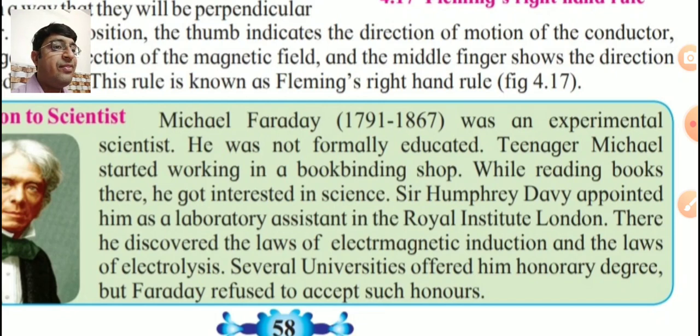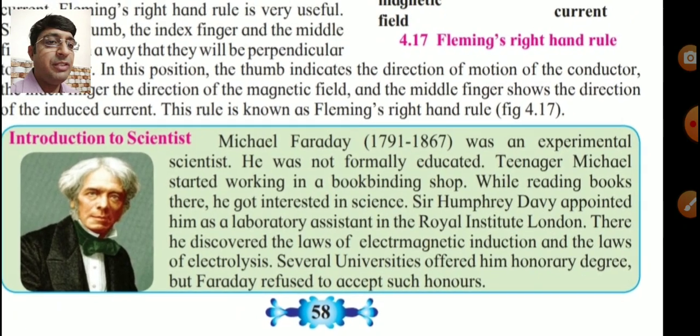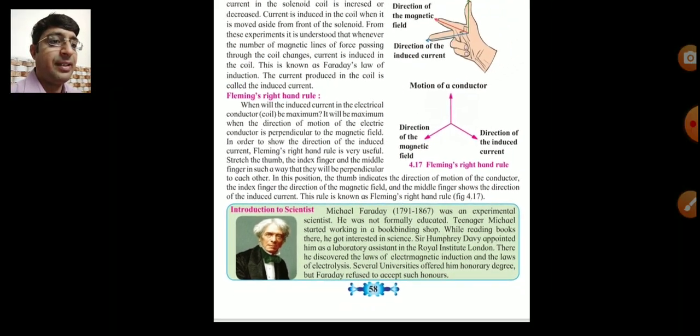Sir Humphrey Davy appointed him as a laboratory assistant in the Royal Institution, London. There, he discovered the laws of electromagnetic induction and the laws of electrolysis. Several universities offered him an honorary degree, but Faraday refused to accept such honor. So this is a small piece of information about Michael Faraday.